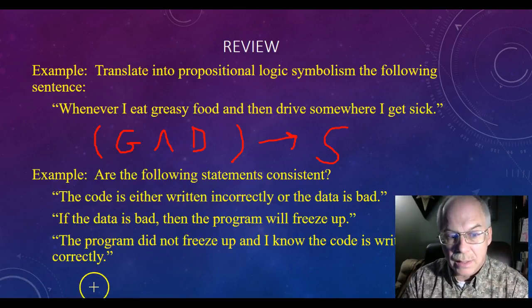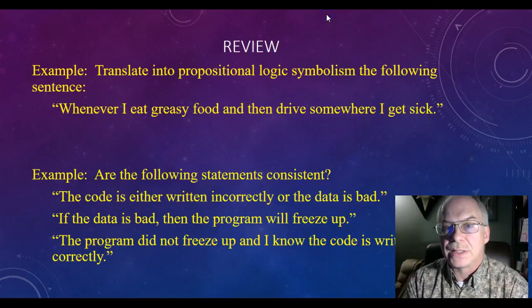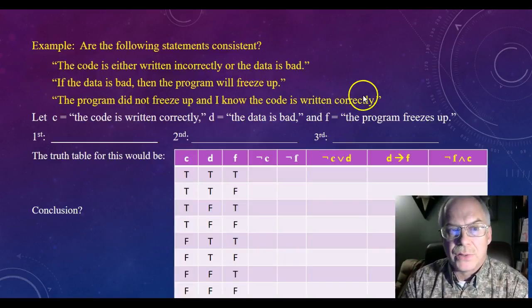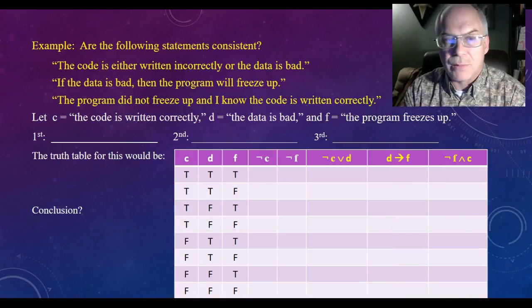So let me erase this, and then we'll move to the next slide. I'm going to do it using the truth table. The first statement is the code is either written incorrectly or the data is bad.